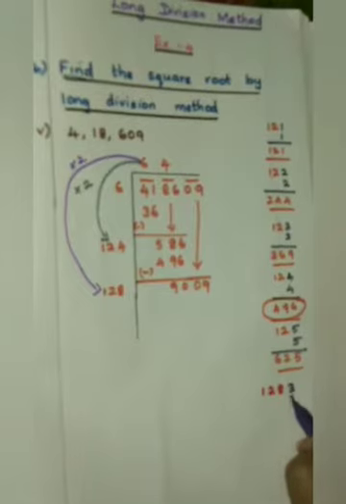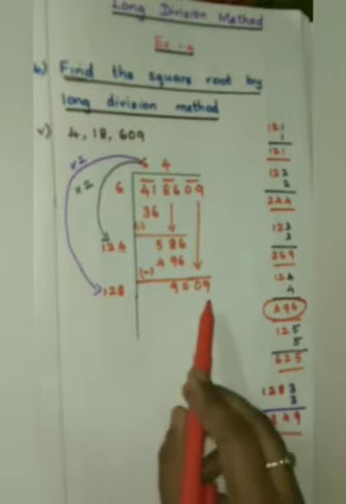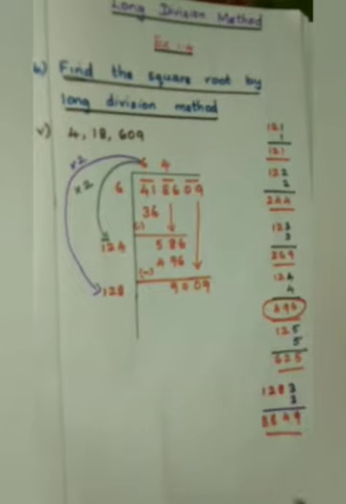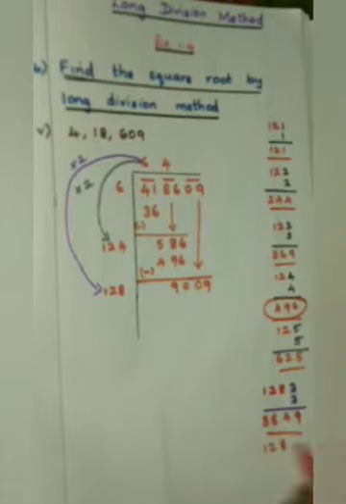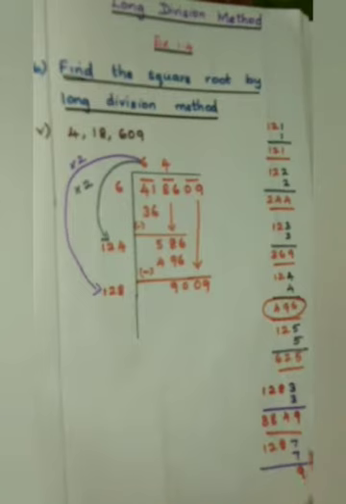1283, when it is multiplied by 3, 9, 24, 2, 8, 3. I didn't get 9009, so the required digit is not 3. Let us try for 7. 7 sevens are 49, 8 sevens are 56, 56 plus 4, 66, 14, 22, 9.